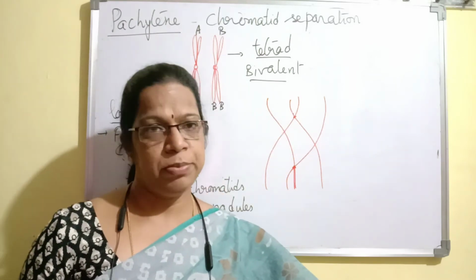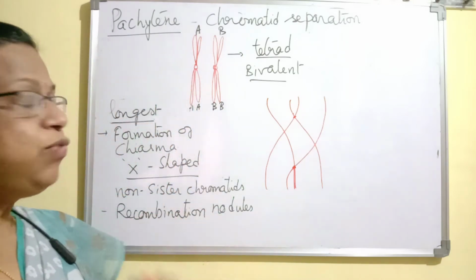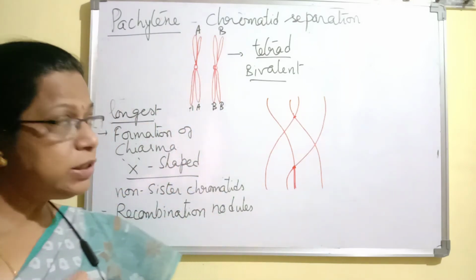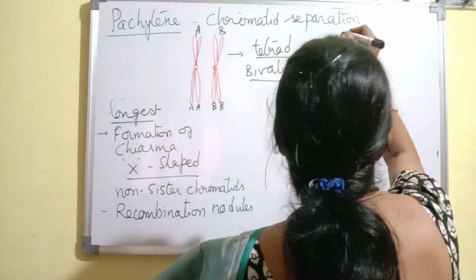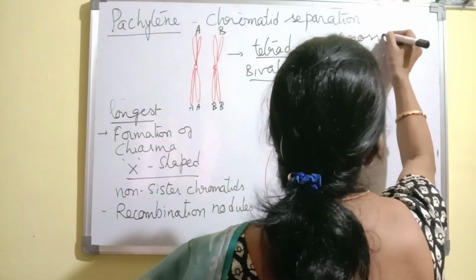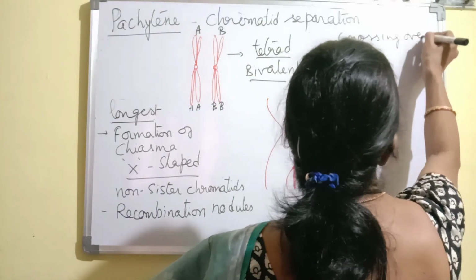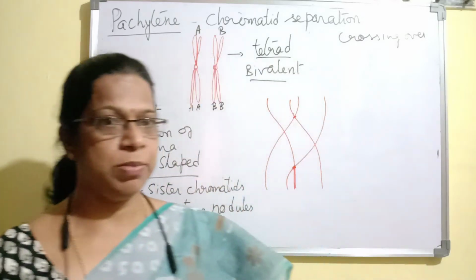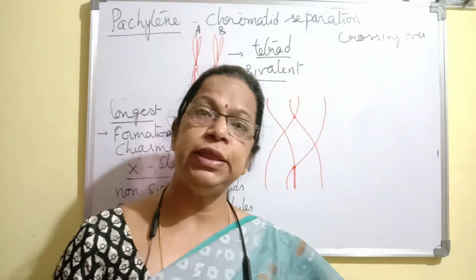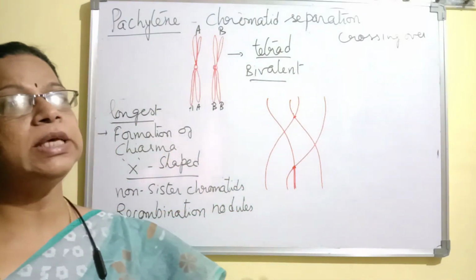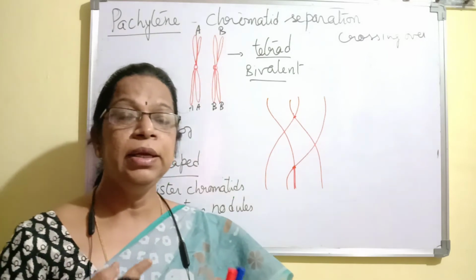After the formation of chiasma, the next important phenomenon is called crossing over. So first there is chiasma formation, and after that there is crossing over. Crossing over means exchange of genetic material takes place.